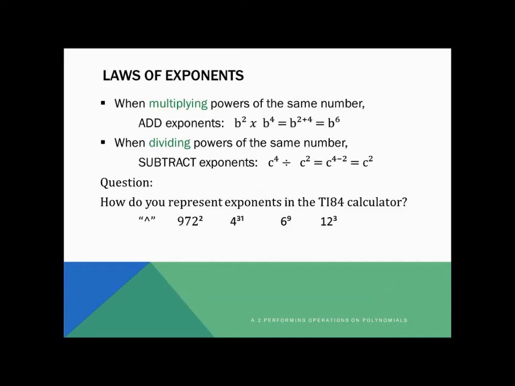The caret button on the TI-84 is on the right-hand side, right below clear. And so you would put your number in first, and then you would put the caret, and then you would put whatever the exponent is. And for time's sake, we will do these after we cover a couple more laws of exponents.